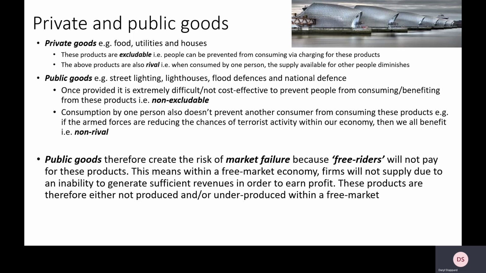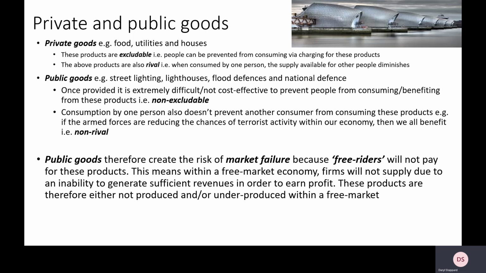So guys, public goods are both non-rival and non-excludable. Public goods are therefore creating the overall risk of market failure because of the free rider problem. People will not pay for them because they can't be excluded from benefiting for free, but also because they're non-rival. Once they've been provided for one person, you can benefit from what they've bought without paying for it.